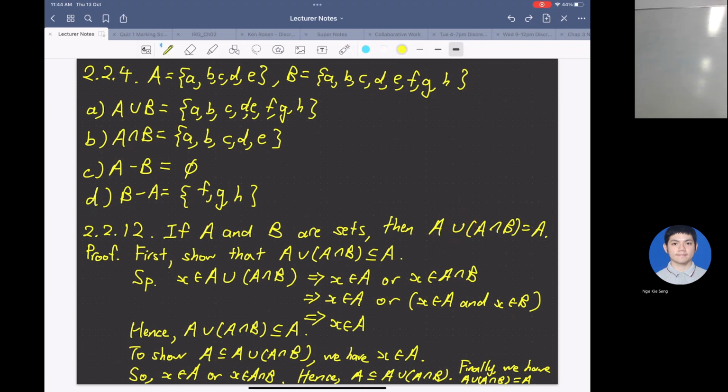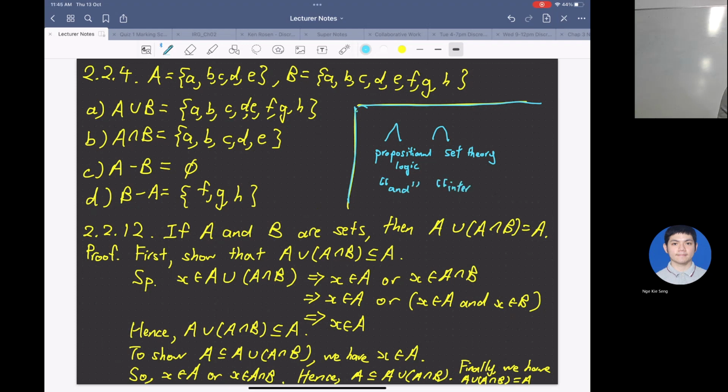Okay, just now someone asked a question, maybe you think that these two notations are quite close. So about this one and this one. One is in propositional logic, and one is in set theory. One is the conjunction, one is the intersection. And they work on different objects also.